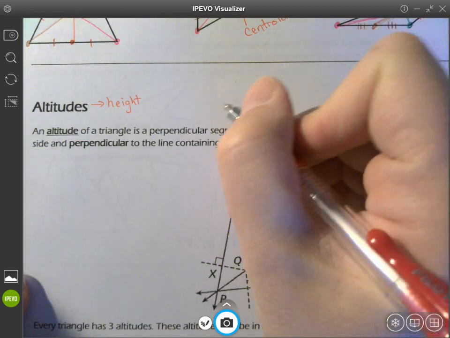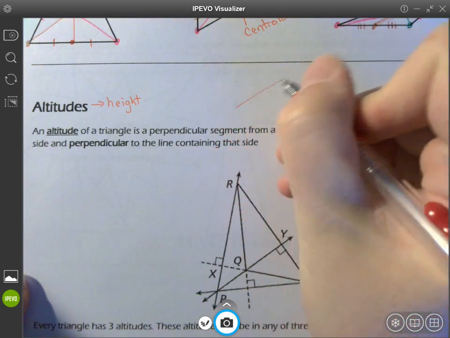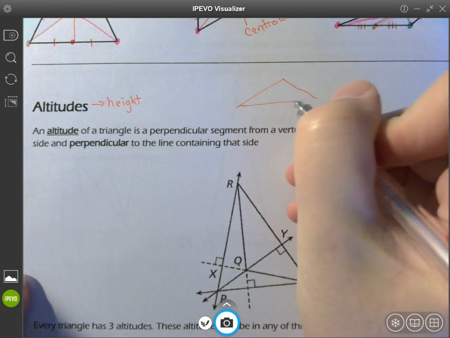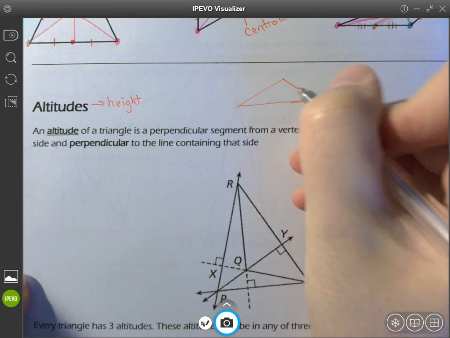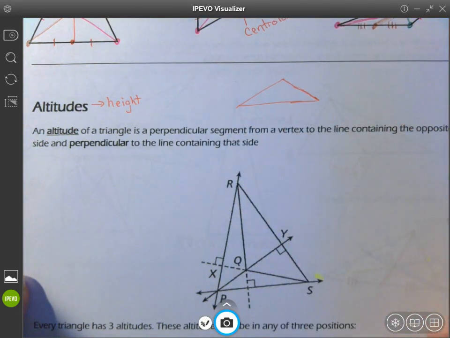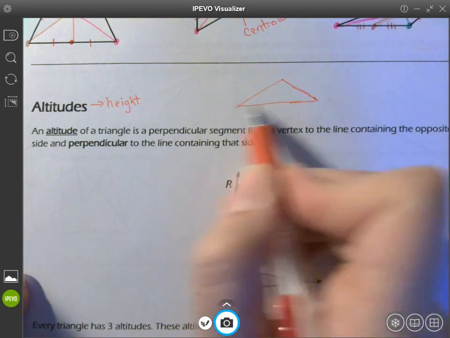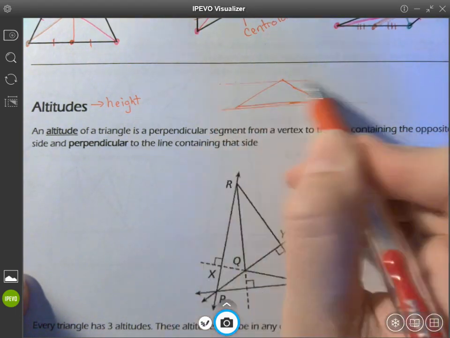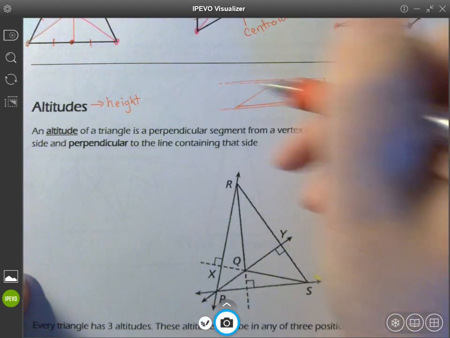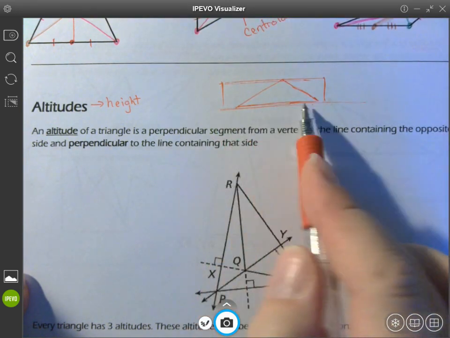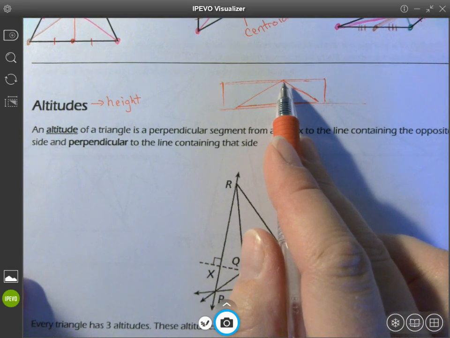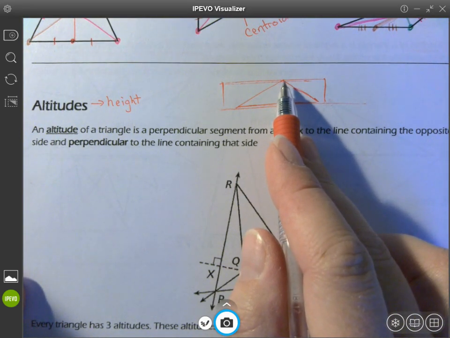So if I drew a triangle like this, and I said, I need to put this triangle in a box, okay? I want this to sit flat, and I want the top. So picture me needing a box. I want that to sit flat on the bottom, and I need enough room for this peak to be there, right? That's the height, guys.